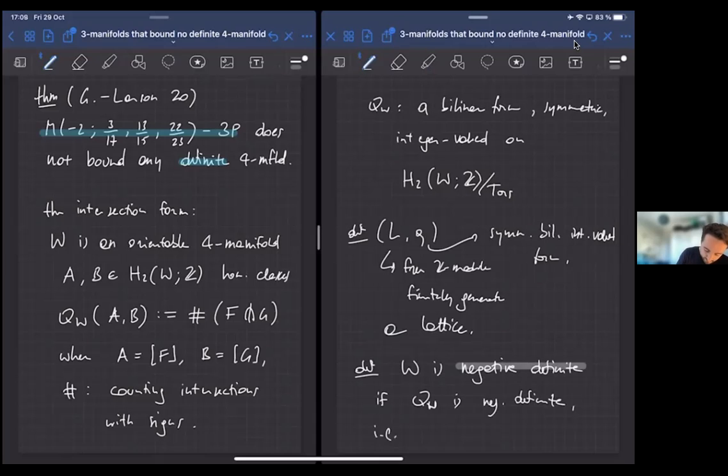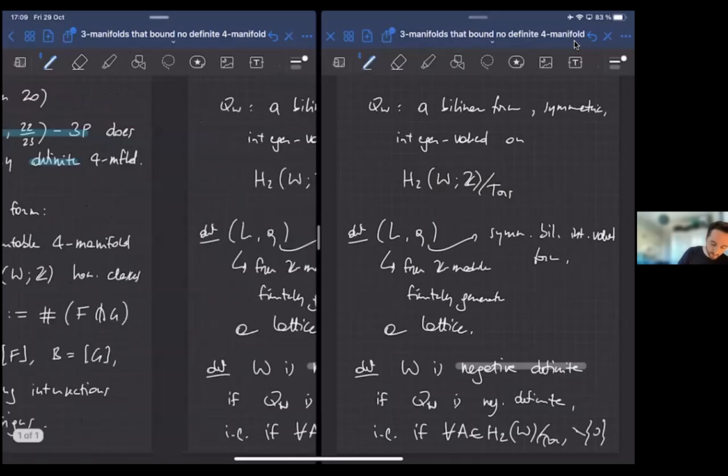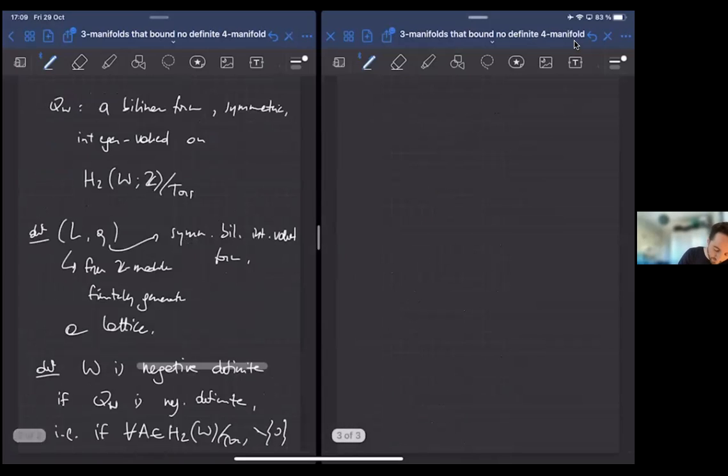That is to say, if for all classes in this H_2 mod torsion, except for the trivial class, we have that Q of W of A, A is strictly less than 0.